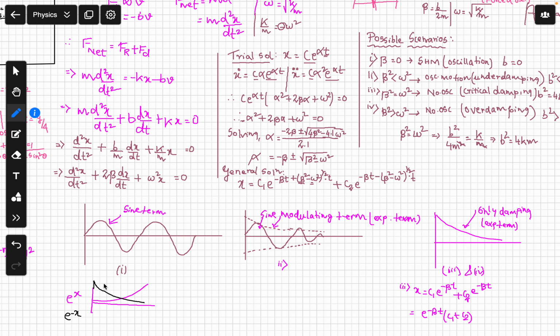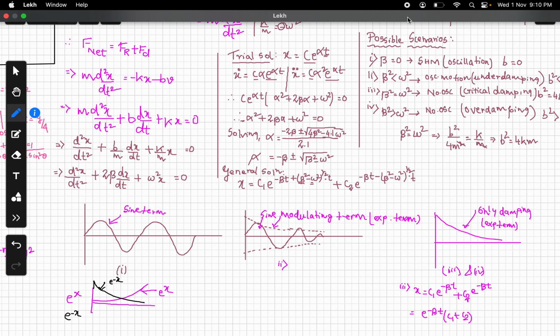This is e to the power minus x, and this is e to the power x. So here, it's e to the power minus x, so it is decay, so obviously this is going to decay. You're going to get a graph something like this. So this is the entire idea about damping.